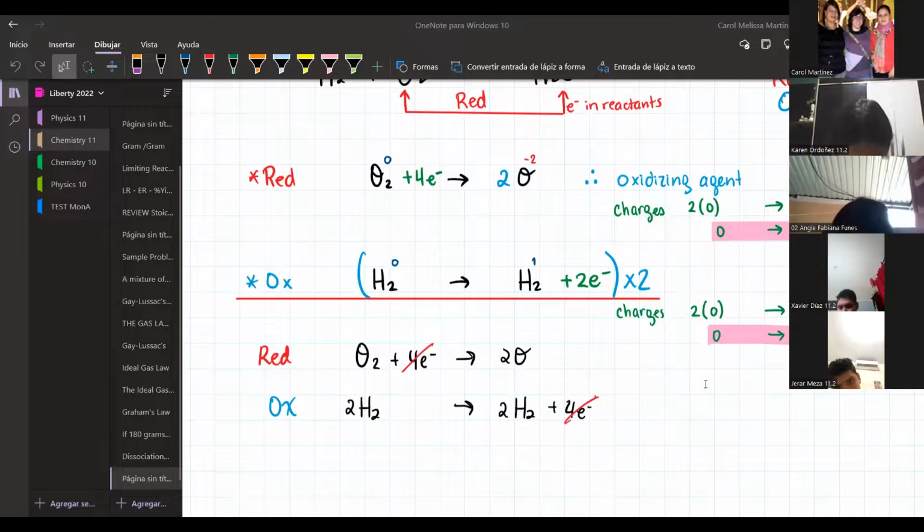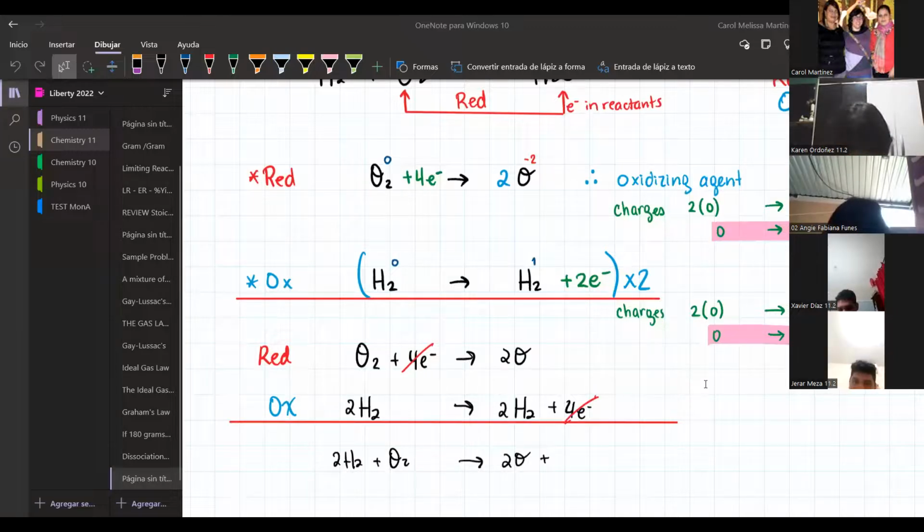And then you add the equations, giving you 2H2 plus O2, producing 2H2O, okay? 2H2O, sorry.